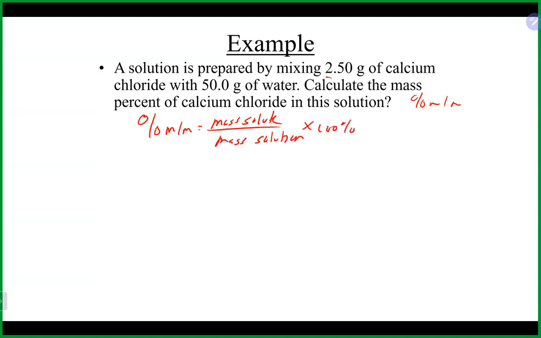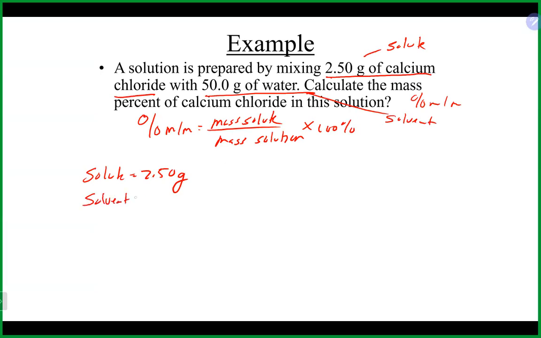Our calcium chloride here is going to be our solute, as it is the smaller part, so our solute will be 2.5 grams. The water is going to be our solvent, as it is the larger part, so that's 50 grams.